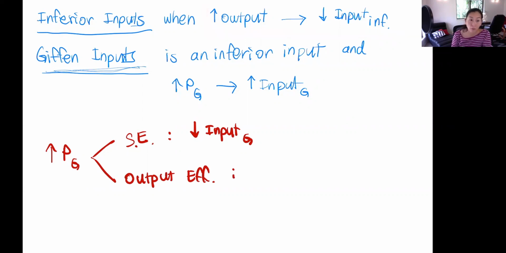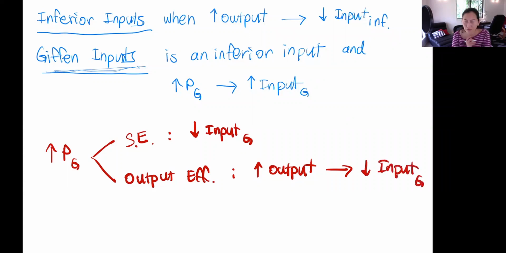So when the price of a given input increases, it would increase the output. And then when the output increases, it follows that the input for the given good must decrease.